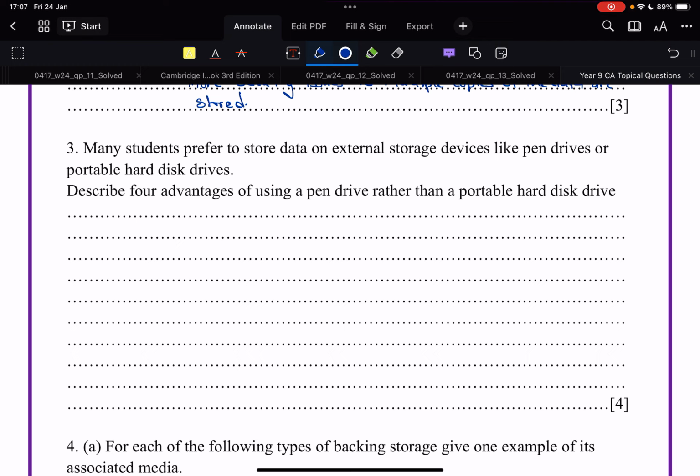It's important for us to know that when we talk about a pen drive, it is a solid state drive. Okay, it is a solid state drive. There's always this confusion between the pen drive and the flash drive.